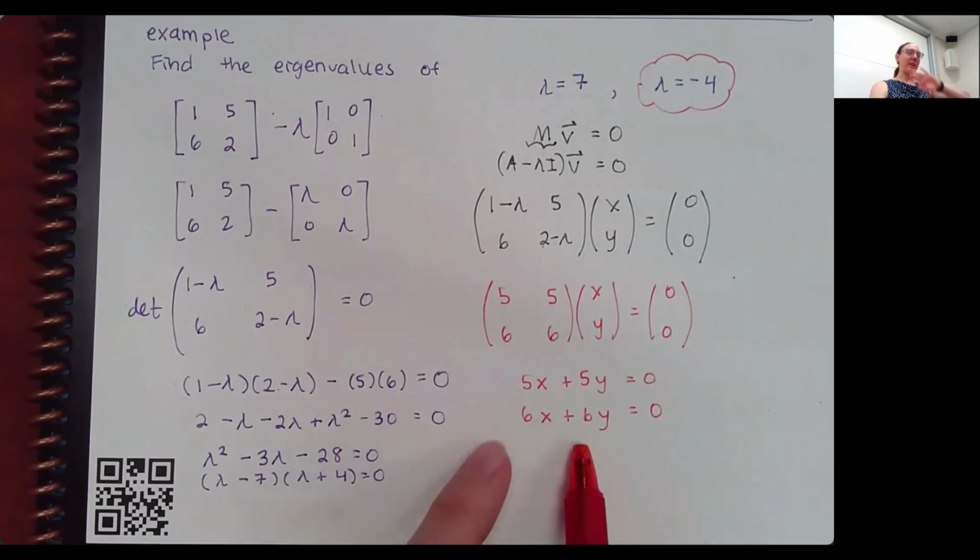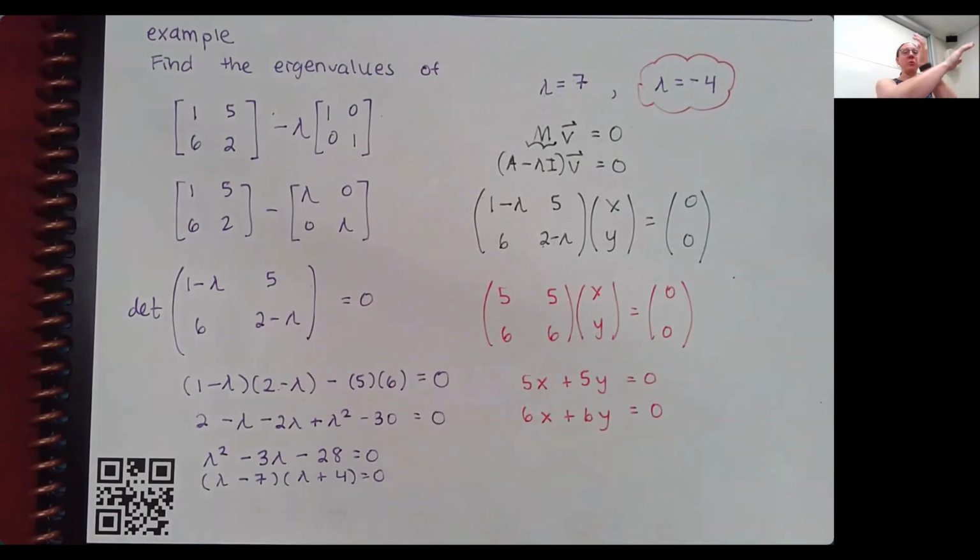Now, thinking back to 19b, if I'm looking for the solution to two linear equations, that means they either intersect at a single point, they don't intersect at all because they're parallel, or they intersect infinitely many times.